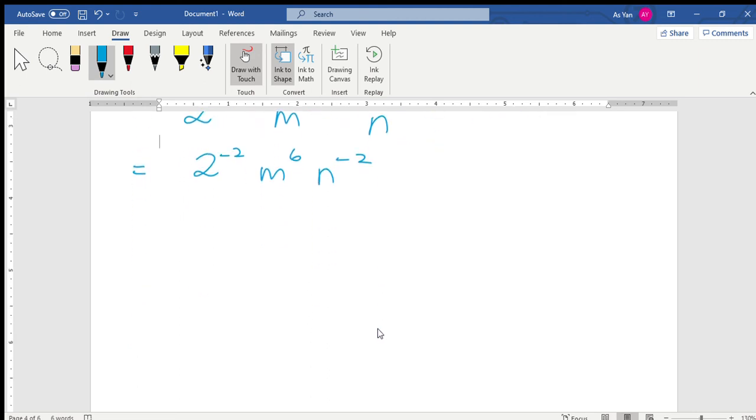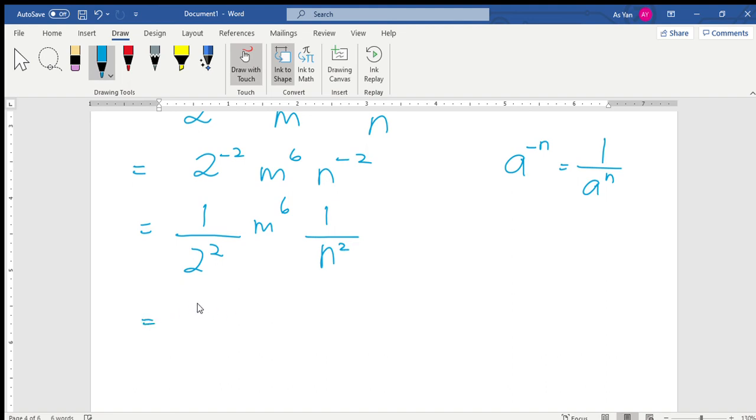Okay, so usually this negative index we will convert into positive index form, which you know a to the power of negative n equals to 1 over a to the power of n. So 2 to the power of negative 2 equals to 1 over 2 square, m to the power of 6, okay, and then 1 over n square.